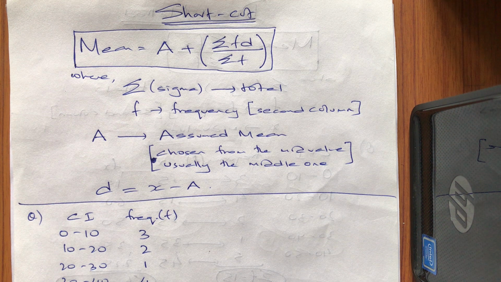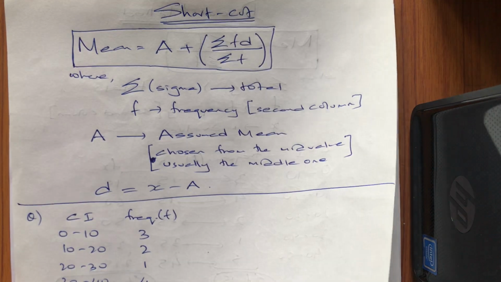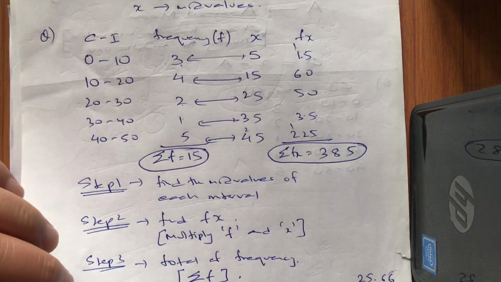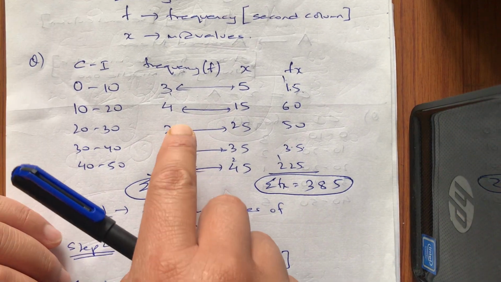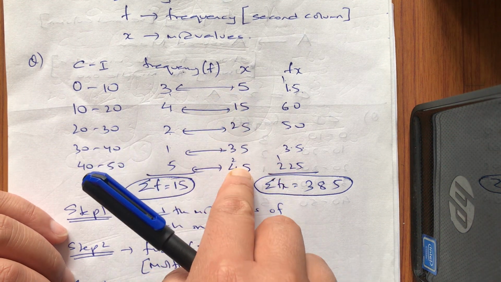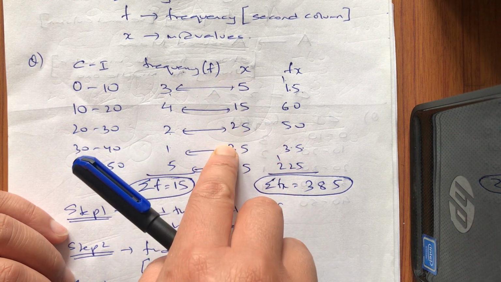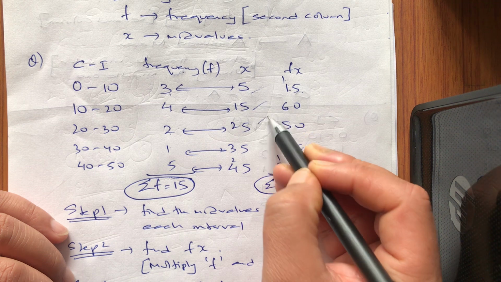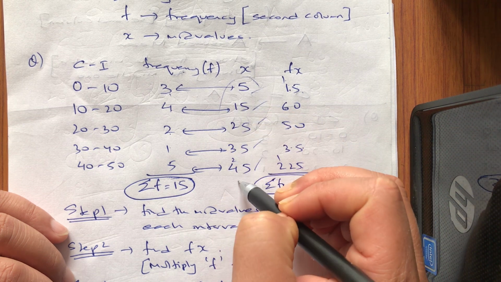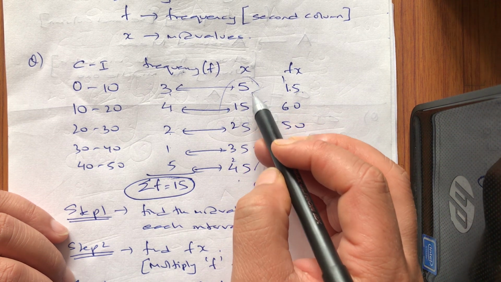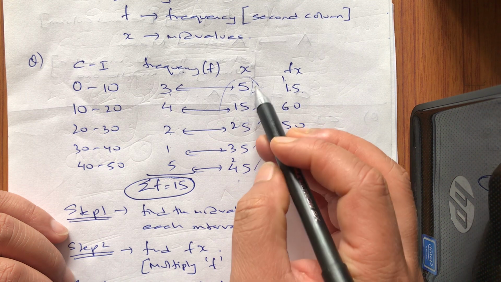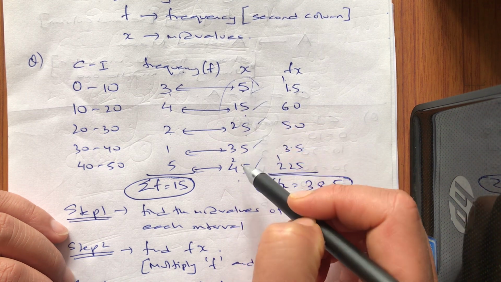then from the mid values we have to choose A. Like let's say for example, if I have these as my mid values, then 1, 2, 3, 4, 5, there are 5 of them. We choose the A from here, and which one do we choose? Which of these 5 lies exactly in the middle?